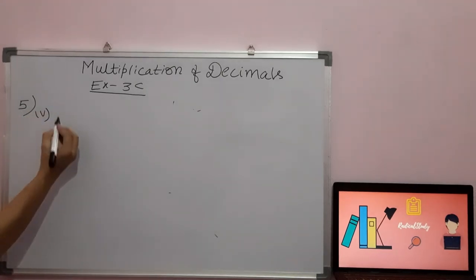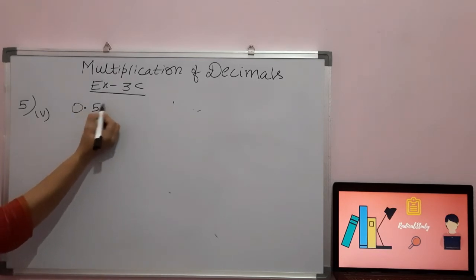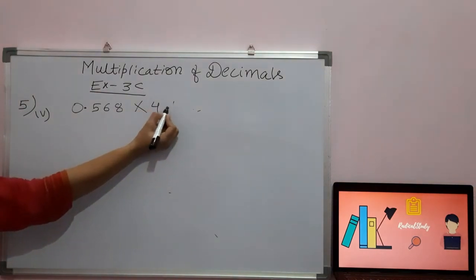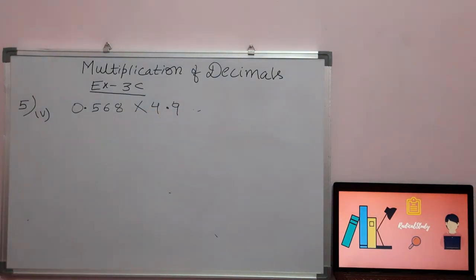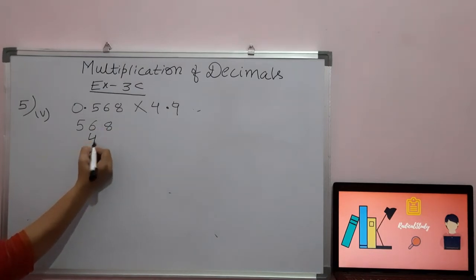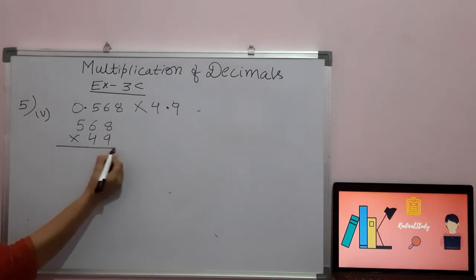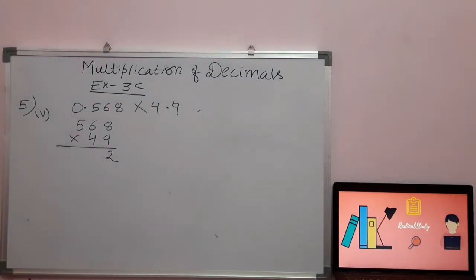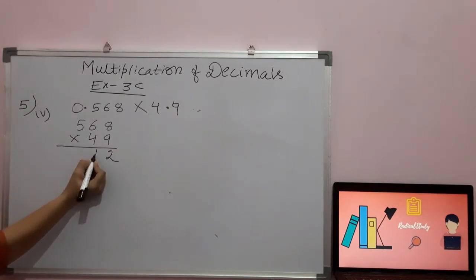So we have 0.568 multiplied by 4.9. क्या है हमारे पास? 0.568 multiplied by 4.9. तो after removing the decimal it will be like this: 568 multiplied by 49. तो ये आपका पहला स्टेप है। 9 8 जा 72, 7 कैरी, 9 6 जा 54, 54 प्लस 7 it will be 61.